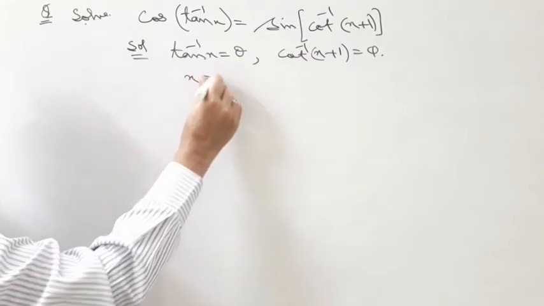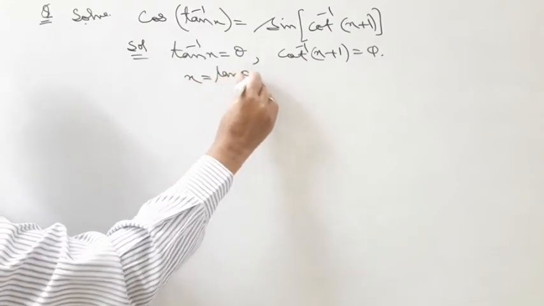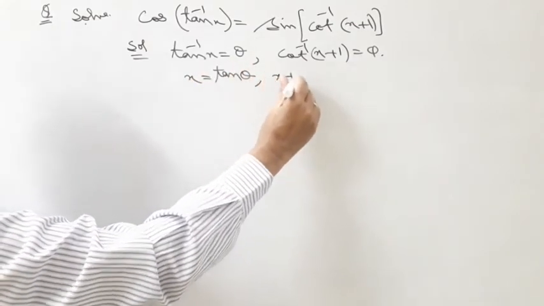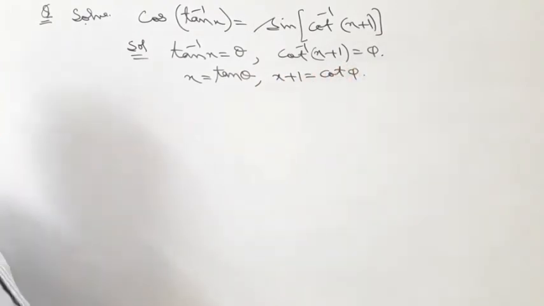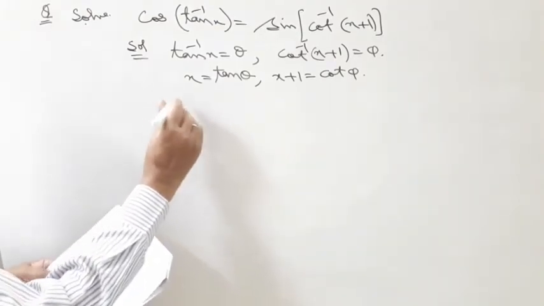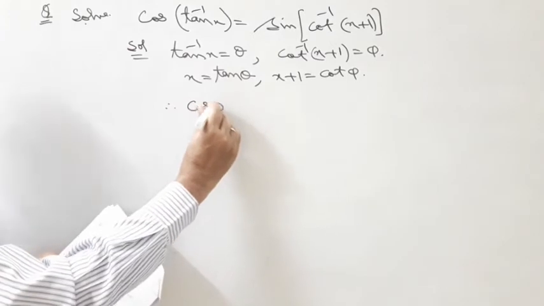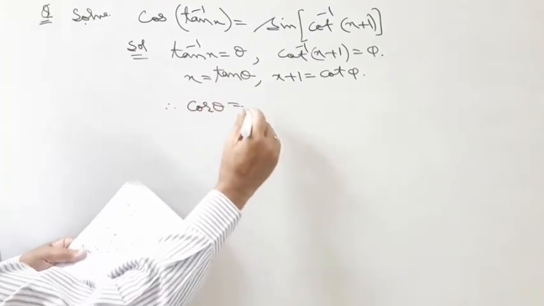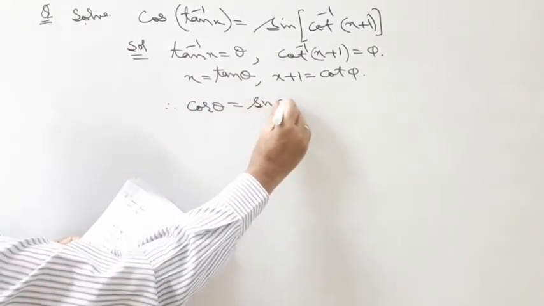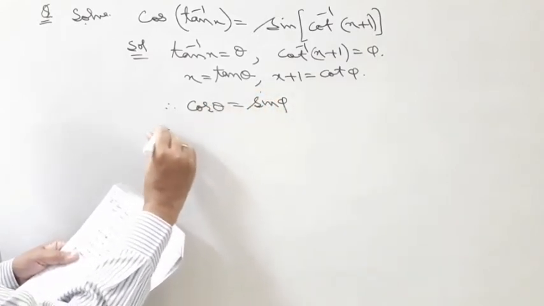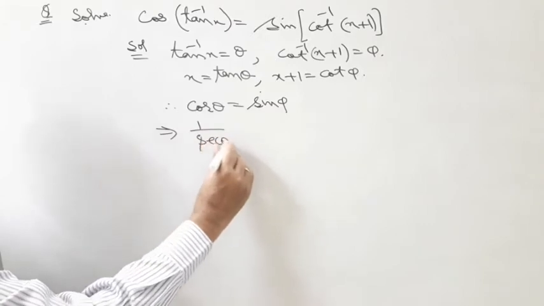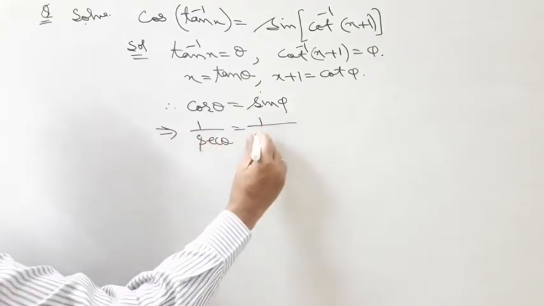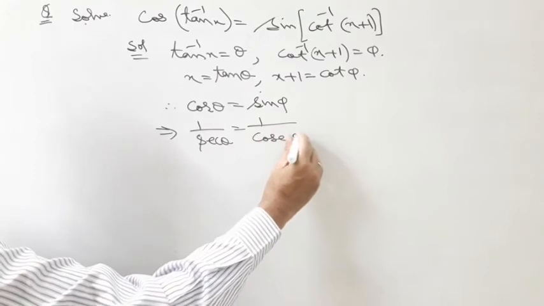Therefore, x is equal to tan theta, and x plus 1 is equal to cot phi. Check out. This means cos theta is equal to sine phi, which implies 1 upon secant theta is equal to 1 upon cosecant phi.